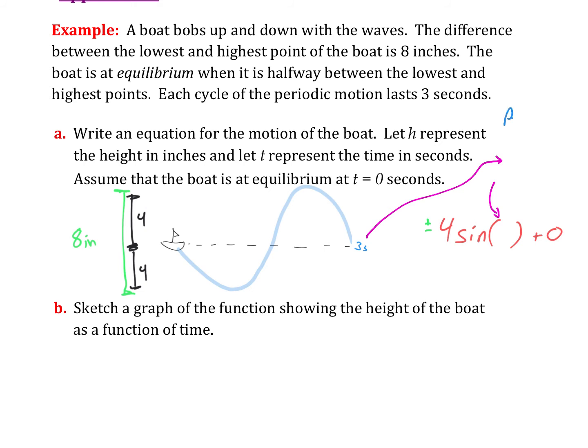So remember, the period is equal to 2 pi over b, or we could say b is equal to 2 pi over the period. These are saying the same thing. Well, if the period was 3, then my b value is 2 pi over 3. So there's my function.